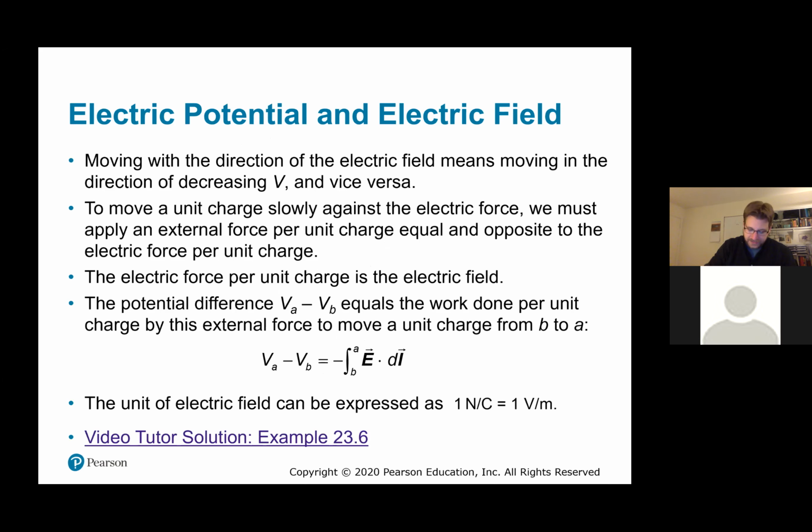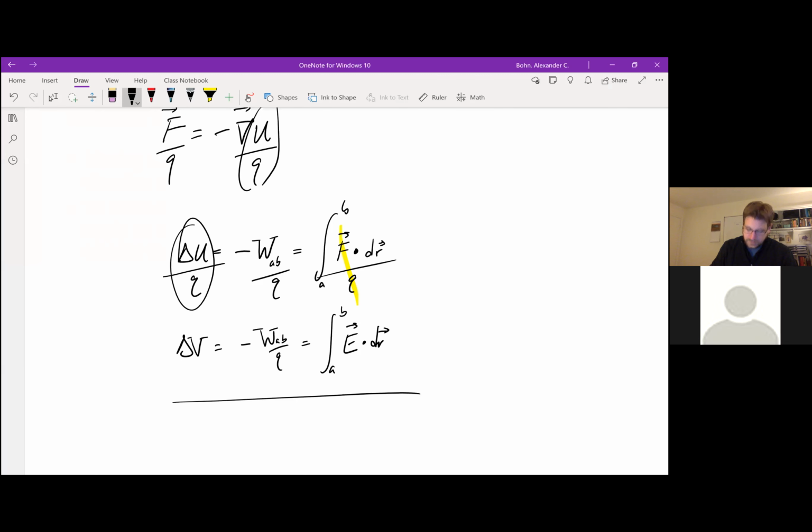Wait, hold on. Let me go back. I missed the minus sign. The work done is force dot dl. But the change in the potential energy is the negative of the work done. I need that negative sign.